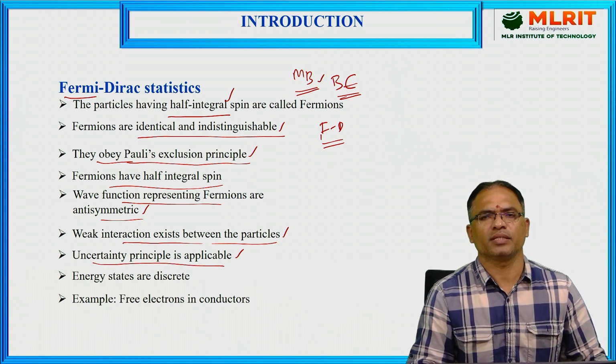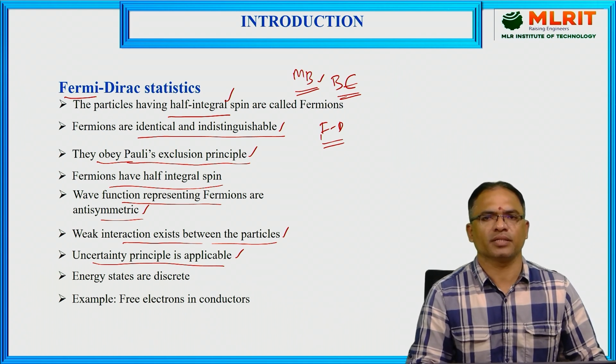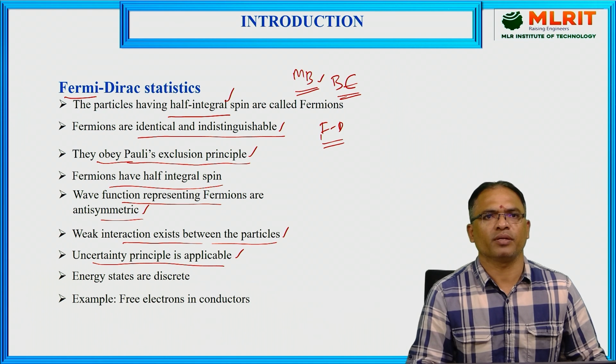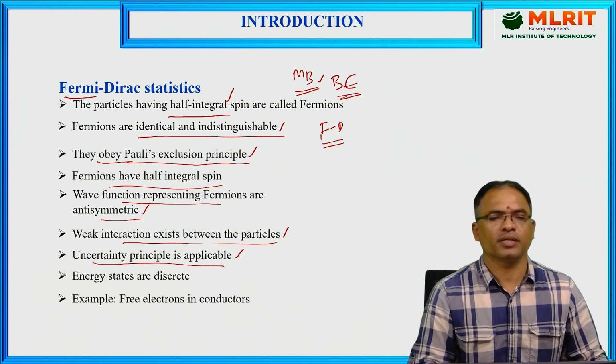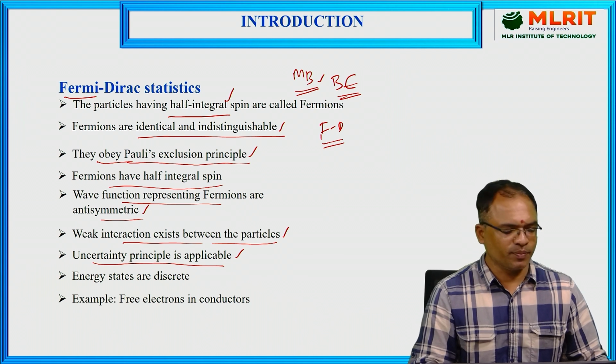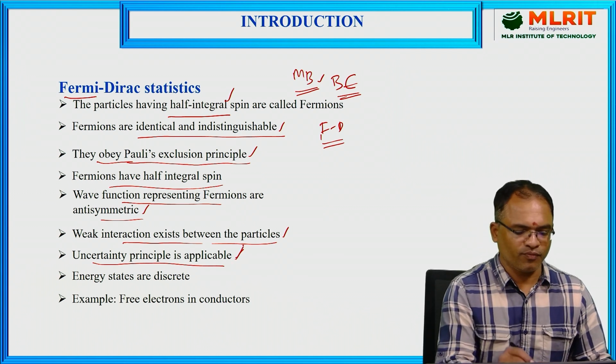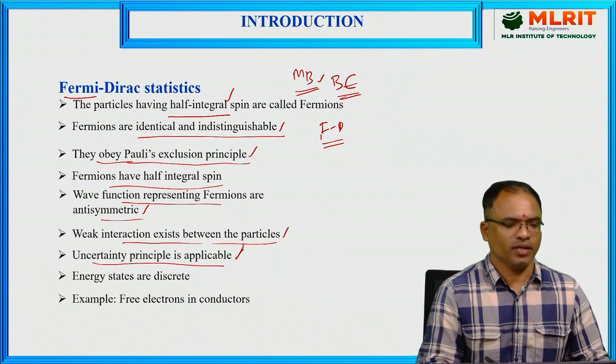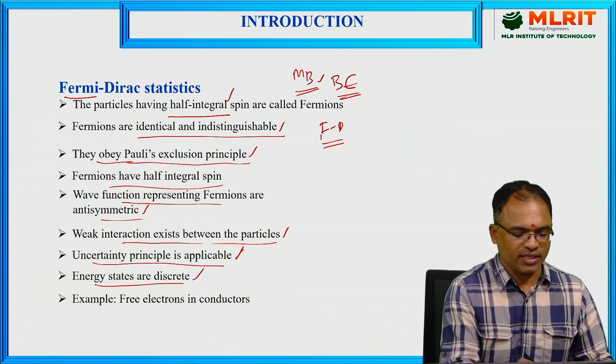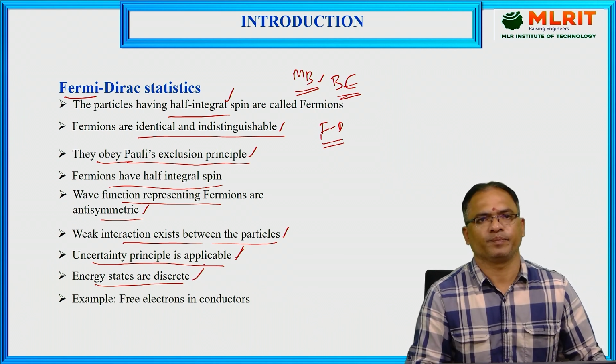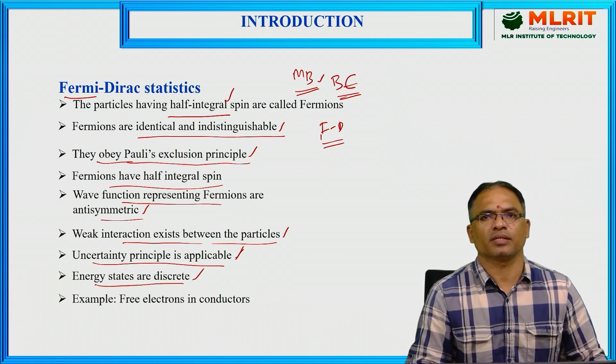We know the uncertainty principle: it is not possible to measure precisely and simultaneously both the position and momentum of a particle. That uncertainty principle is applicable to fermions. And finally, energy states of fermions are discrete. Discrete means quantized, or not continuous.